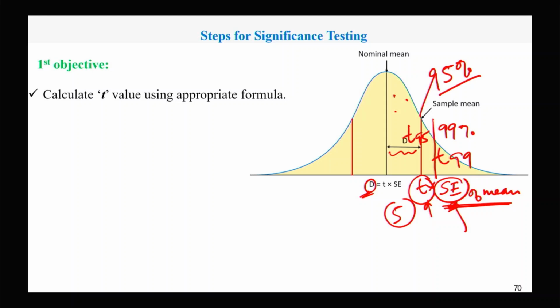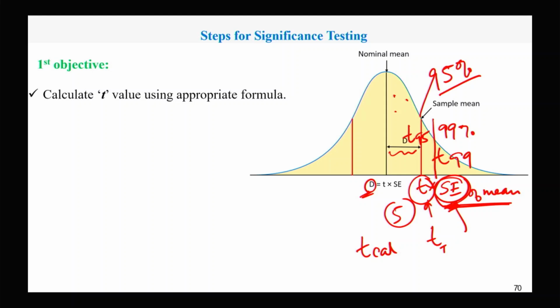T99 and T95 are available in a standard table form, and based on our present distribution, we can also calculate this T value. So our calculated T value and the table T value we can compare.